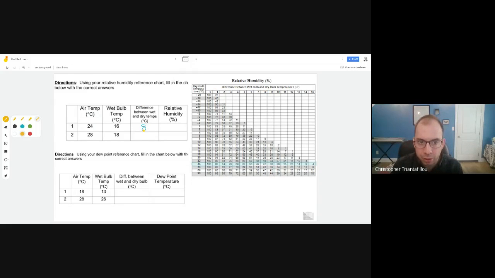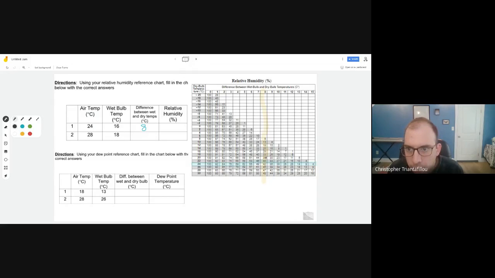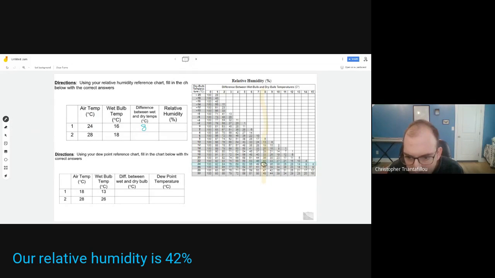We know that's 8 degrees Celsius. So go all the way to 8. And we're going to use this column. And where do they meet? 24 and 8. Our relative humidity is 42%.